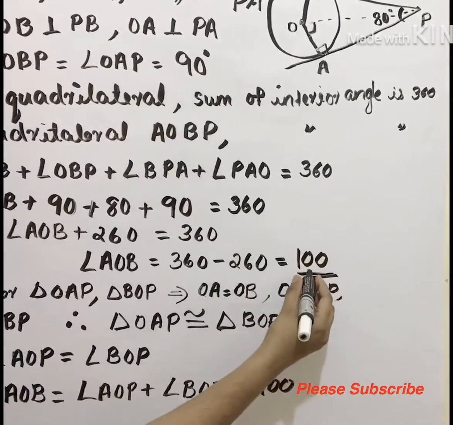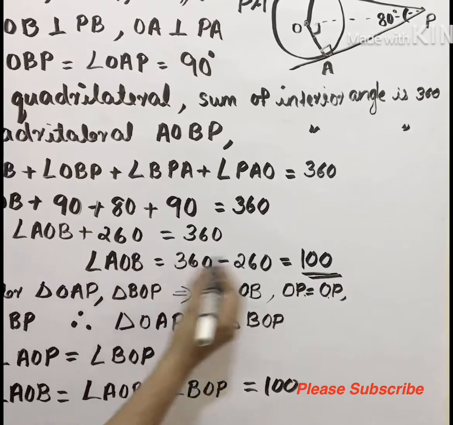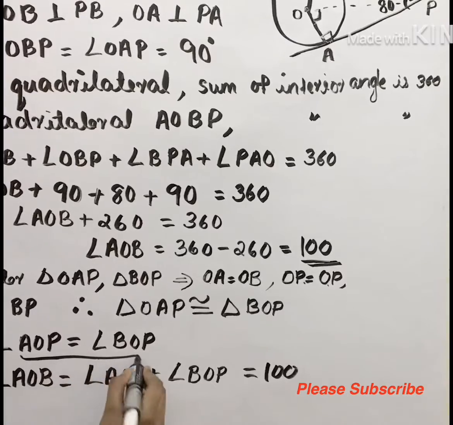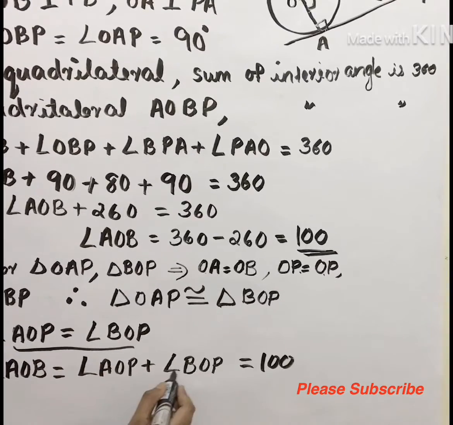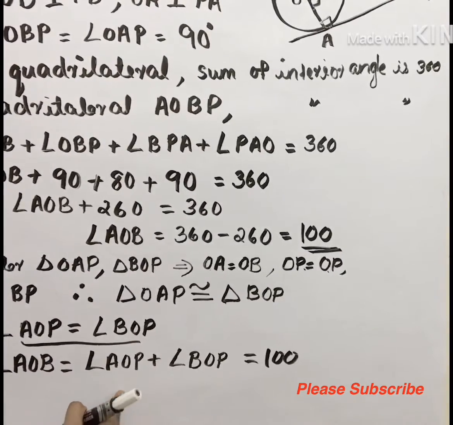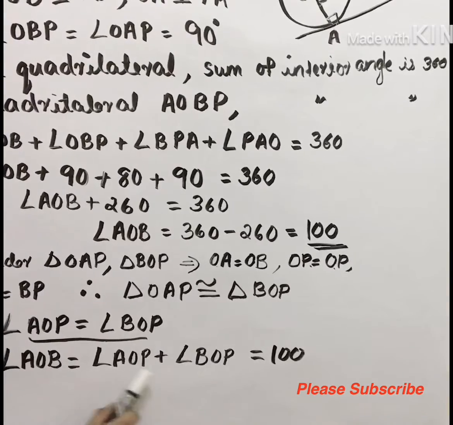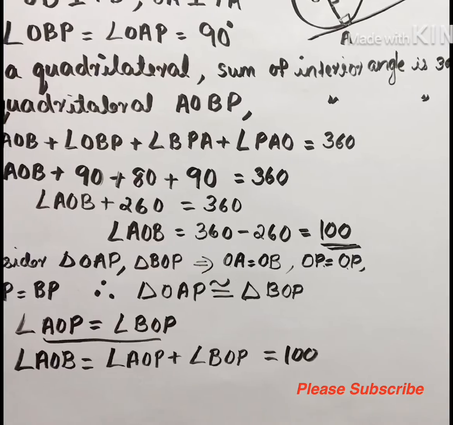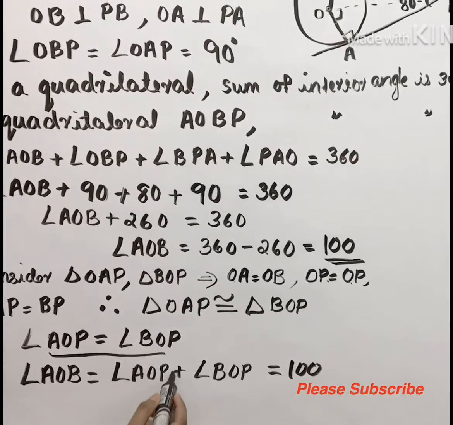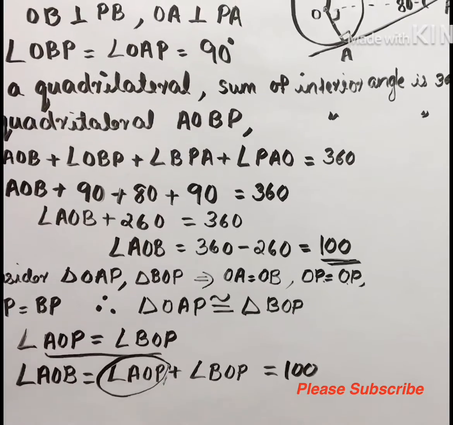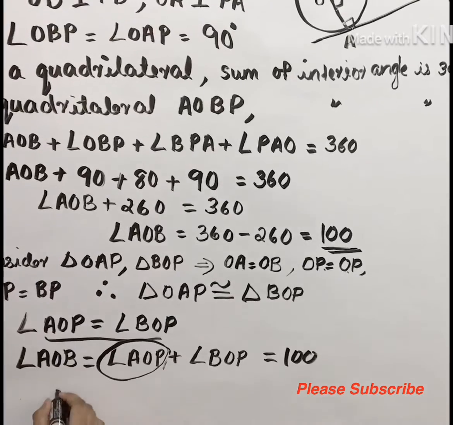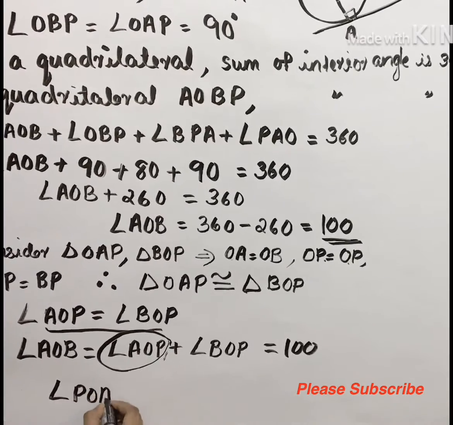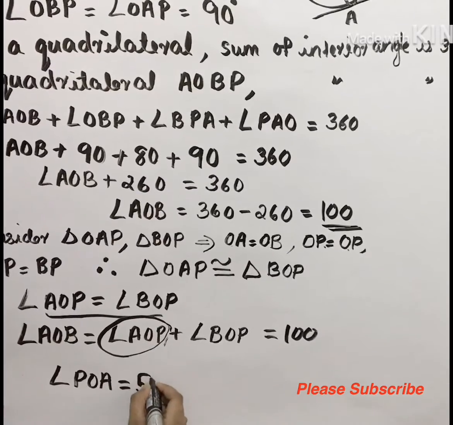Since these two angles are the same, the only possibility is that each angle is 50. We have to find the value of POA, that is AOP, so this angle is 50 degrees. Therefore angle POA is equal to 50 degrees.